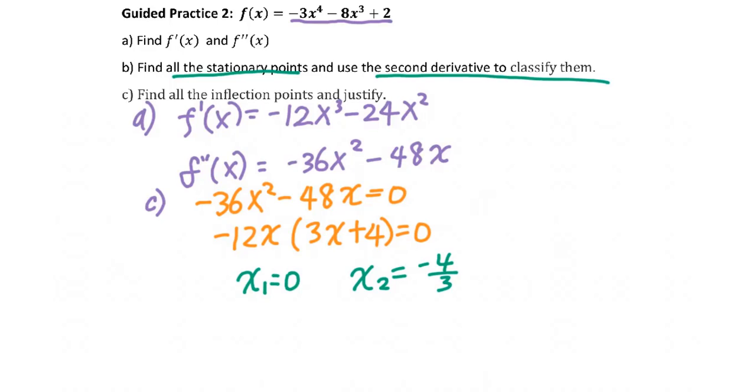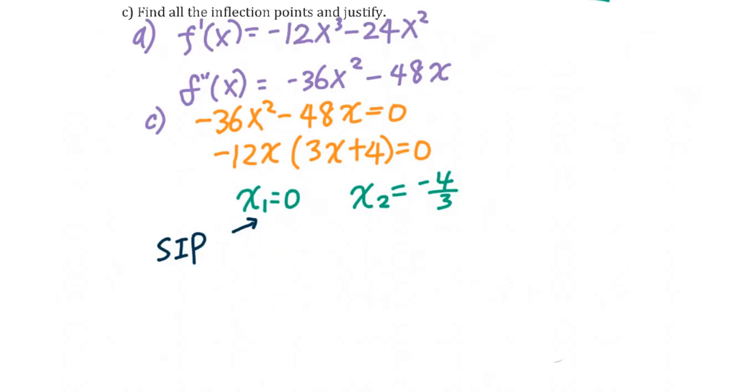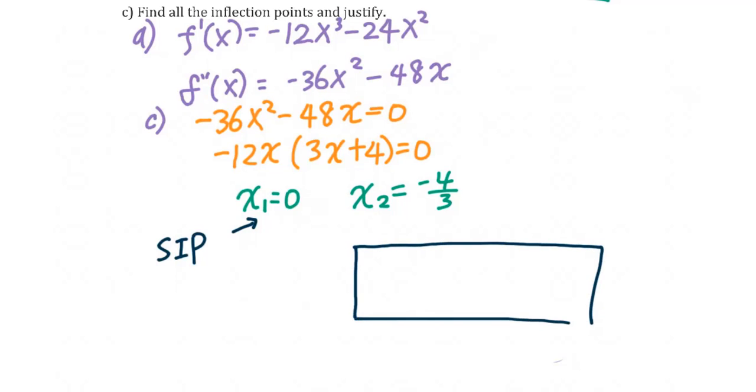For B, we already figured out this is a stationary inflection point. Let's check for x2 equals negative 4 over 3. So we will draw this table. Here's x. This is f double prime of x.